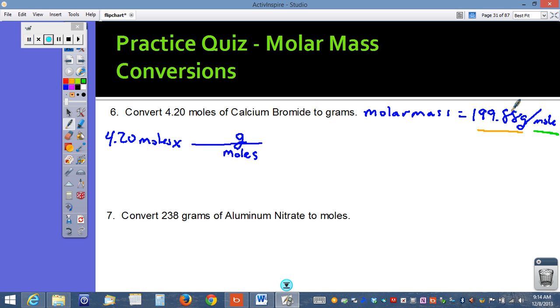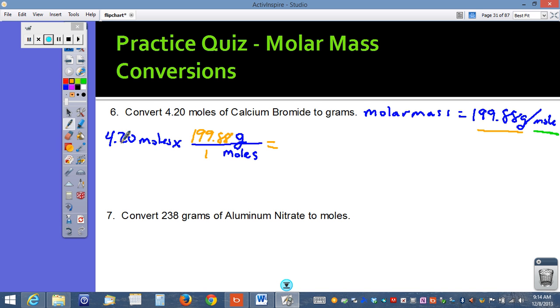So the 199.88 grams goes together. And since we've already determined that the grams goes on top, that means the 199.88 goes on the top and 1 mole goes on the bottom.